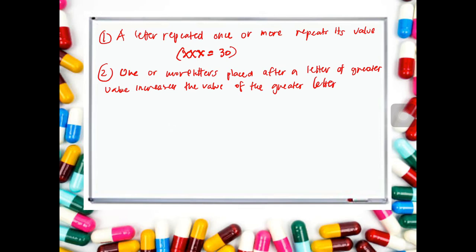In this example, we have letter V and letter I. This becomes 6. Or XII, this becomes 12. Or LX, this becomes 60.